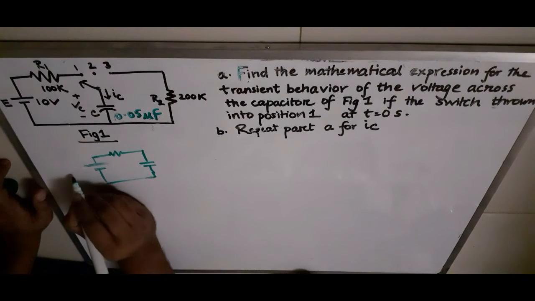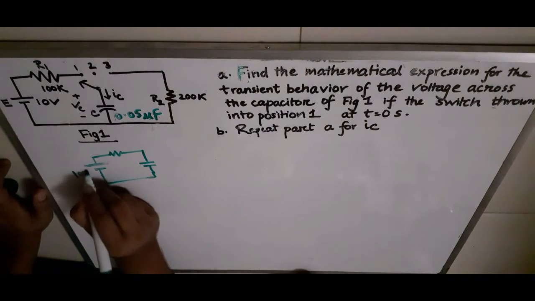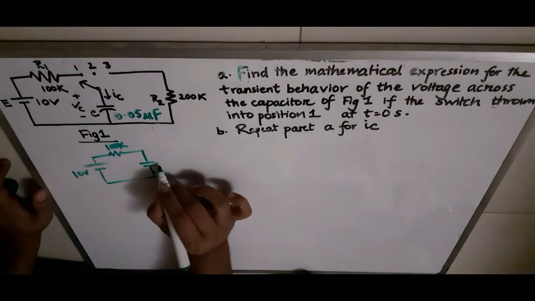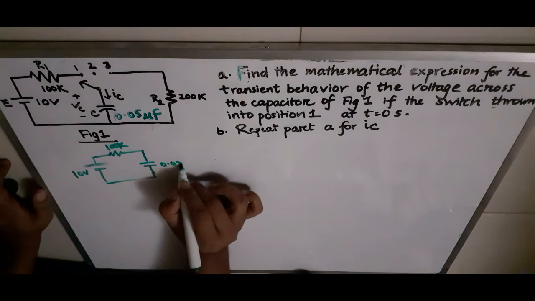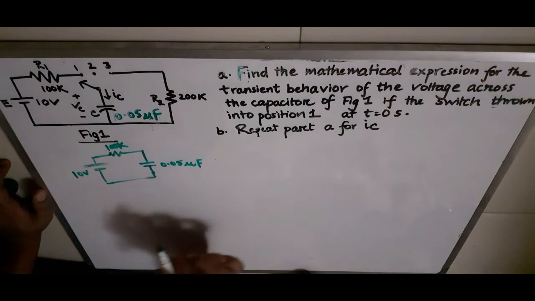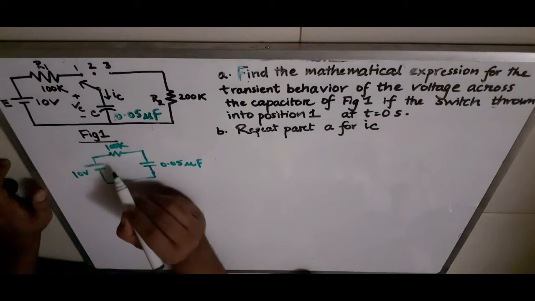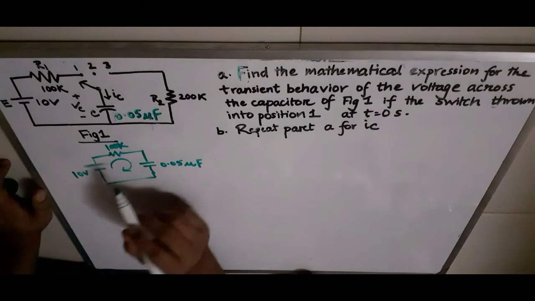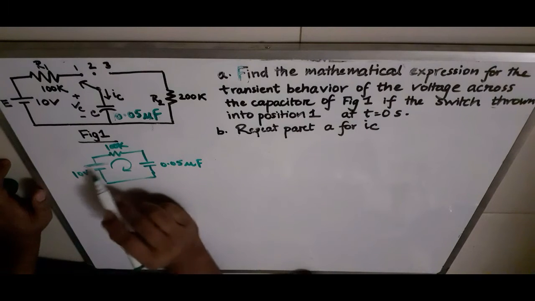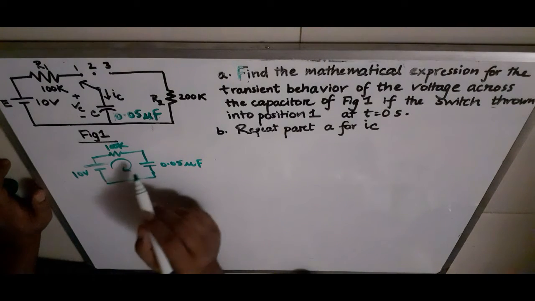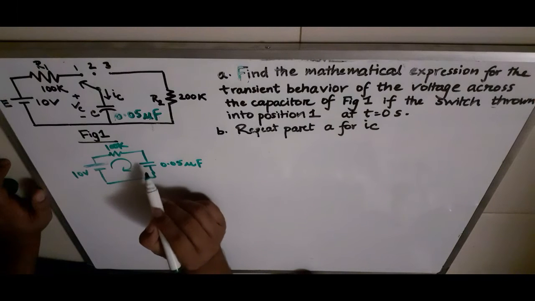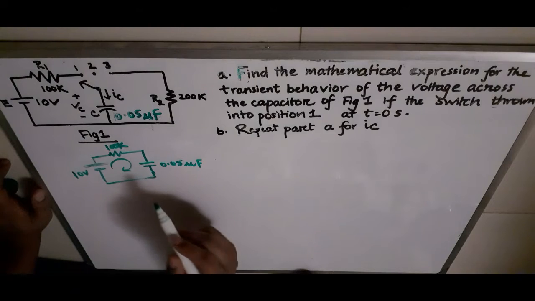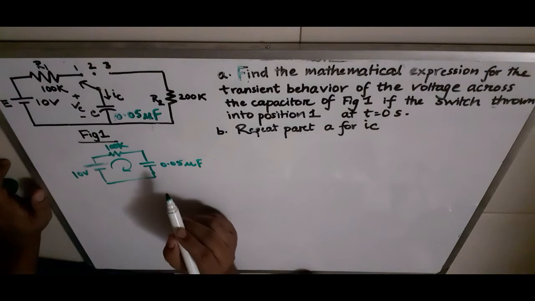Okay, so let's say we have a 10 volt source and a 100 kilo ohm resistor, and there is a 0.05 microfarad capacitor. What will happen is current will start flowing in this closed circuit, and as we have a voltage source connected to it, the capacitor will be charging. Like when the current starts flowing through the circuit, the capacitor starts charging.